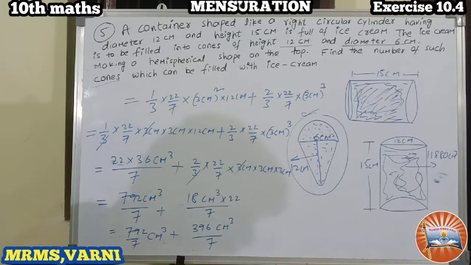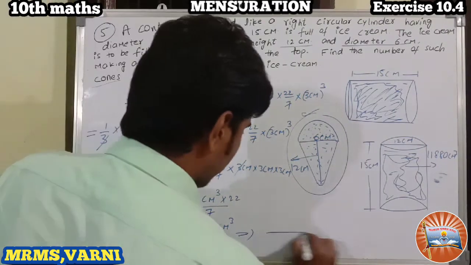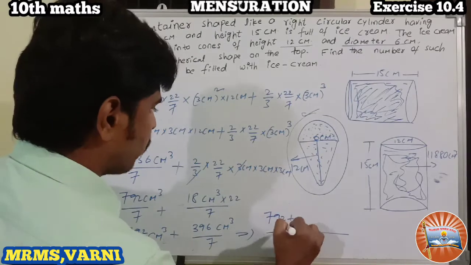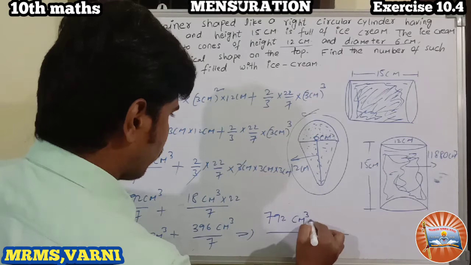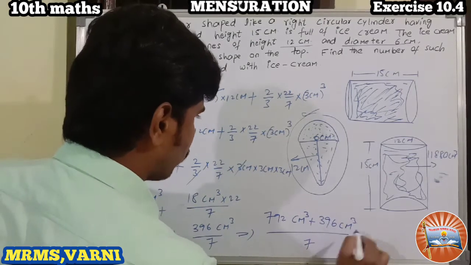Okay, sum this. LCM is 7, so 792 centimeter cube plus 396 centimeter cube.